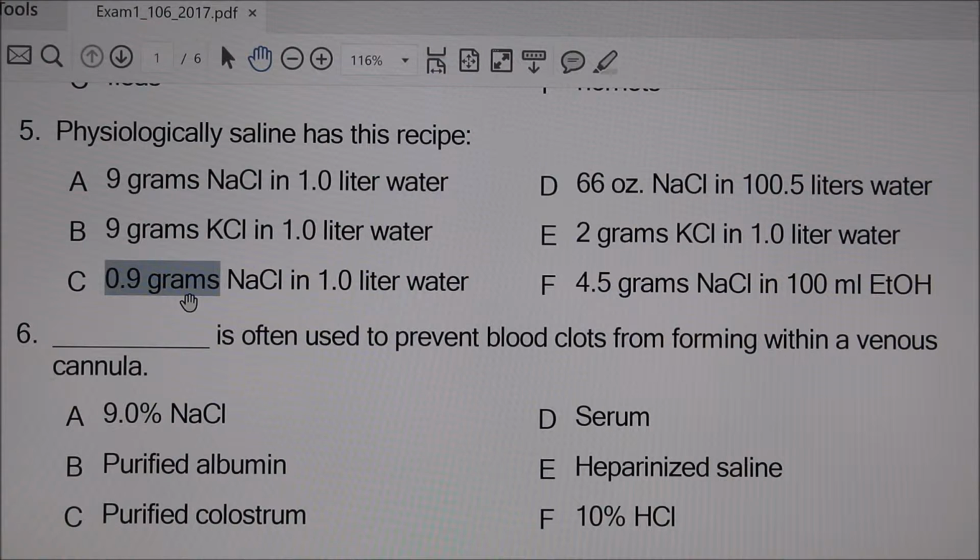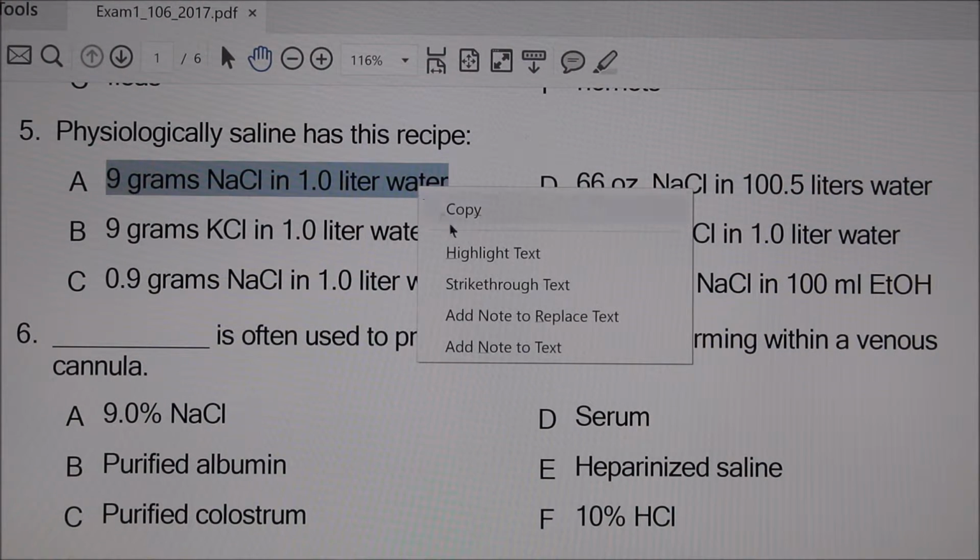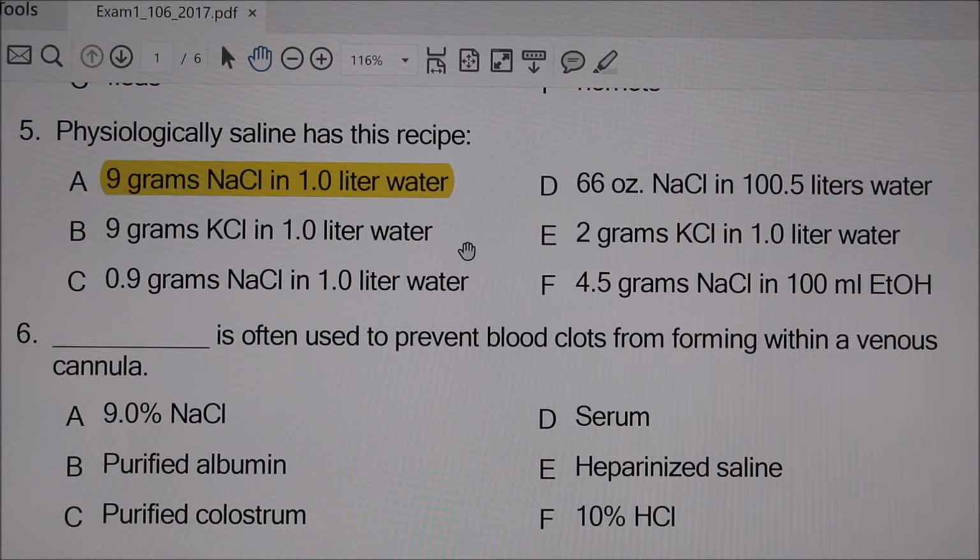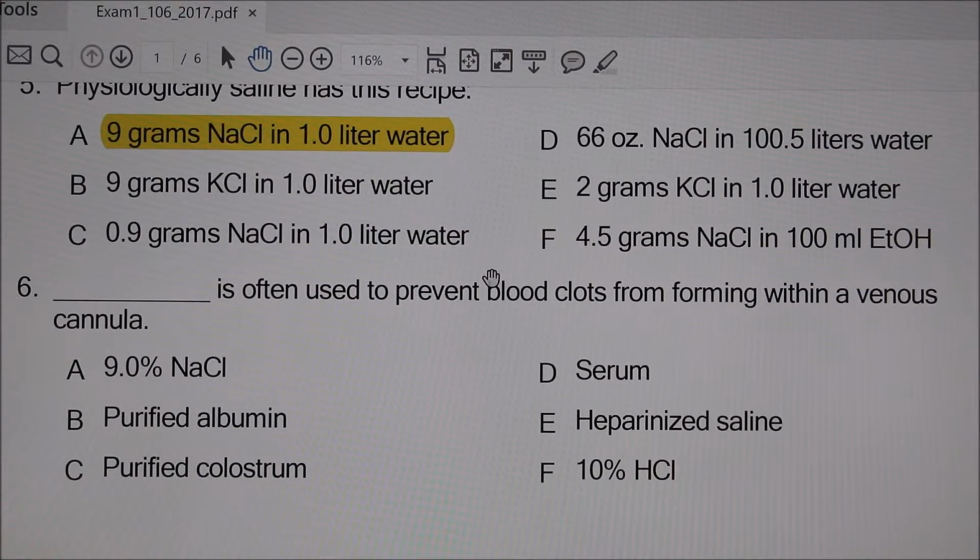And in class, I know in our lecture notes, we had 0.9 grams per 100 grams. And so actually then if you multiply it out, and I think another thing we said was 9 grams of sodium in 1 liter, which is 1,000 mils. So that is actually the best answer there. A, the right answer. 9 grams sodium chloride in 1 liter of water. That is the recipe there.